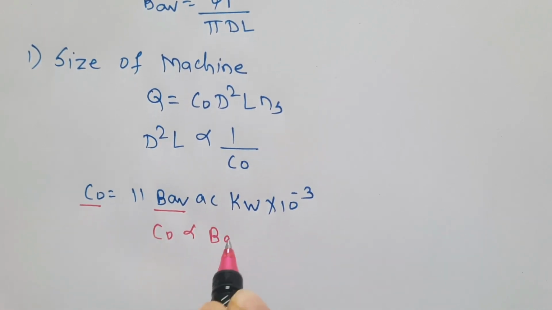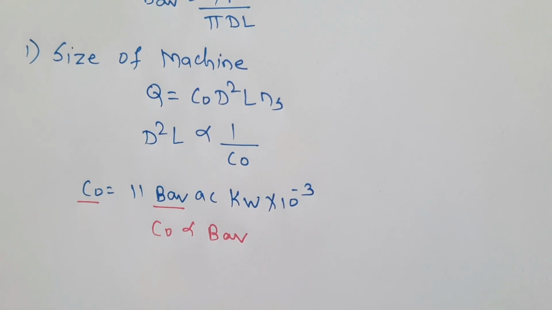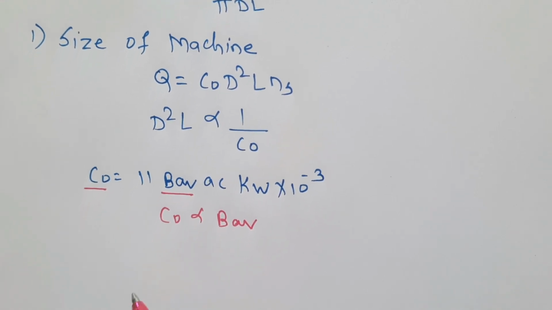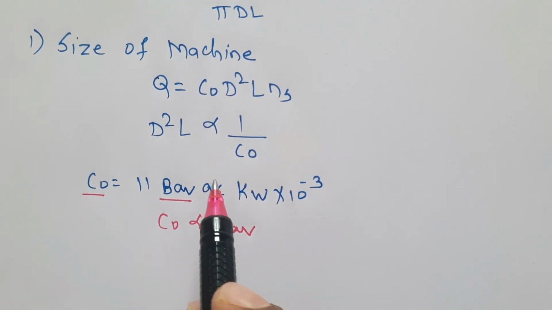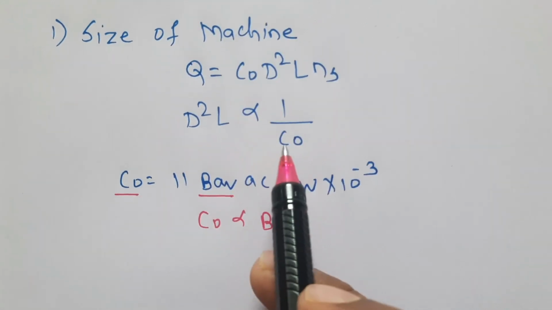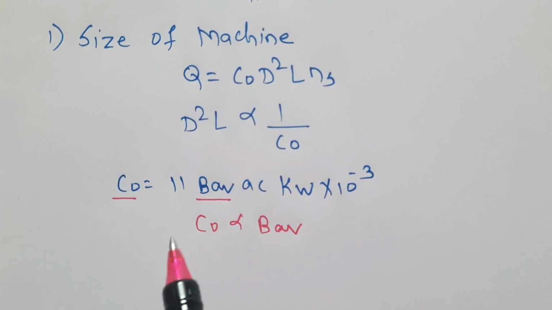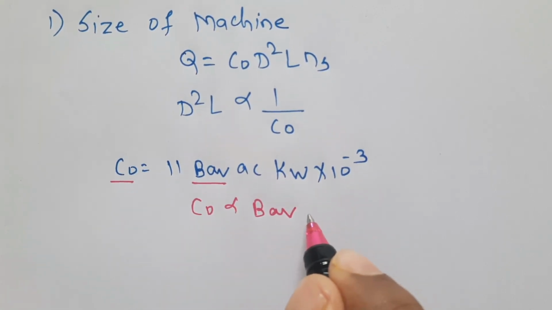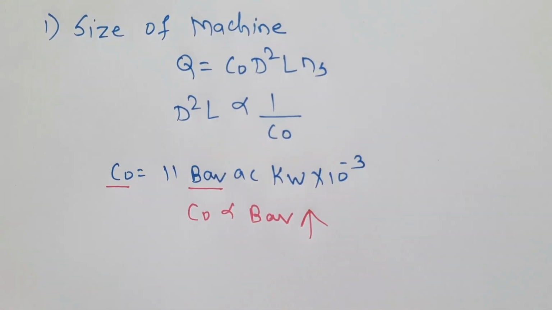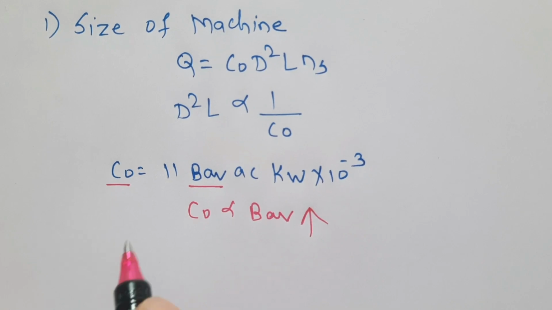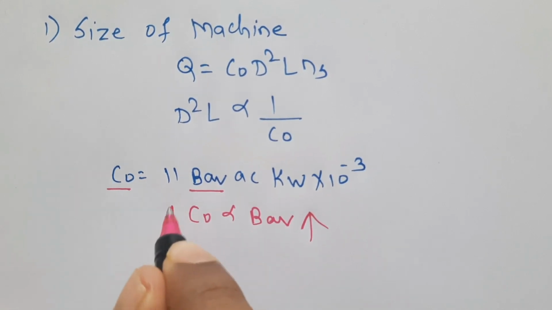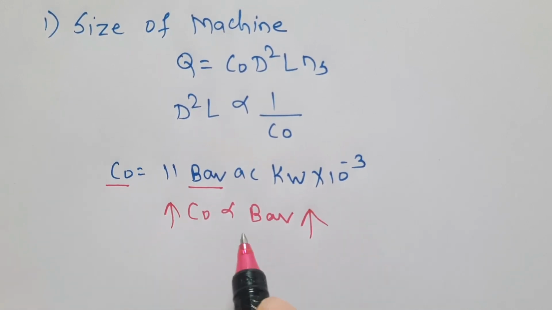Since here we are only talking about specific magnetic loading, C0 is directly proportional to BAV, and output coefficient C0 is inversely proportional to D square L. That is, as we increase the value of BAV, the C0, that is output coefficient, also increases since it is directly proportional.